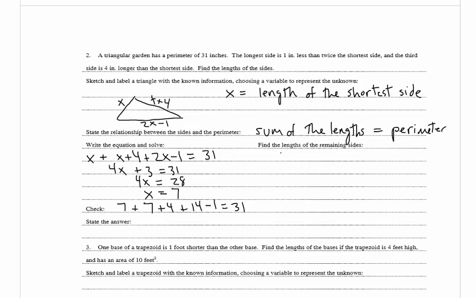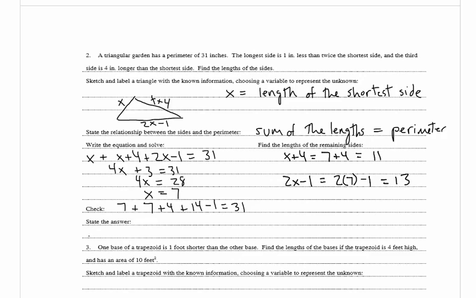So x represented our shortest side. Another side was represented by x plus 4, which is equal to 7 plus 4, or 11. And the last side was represented by 2x minus 1, which is equal to 2 times 7 minus 1, which is equal to 2 times 7 is 14, minus 1 is 13.